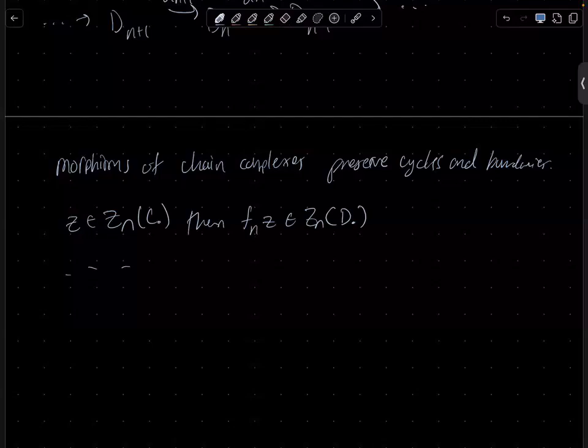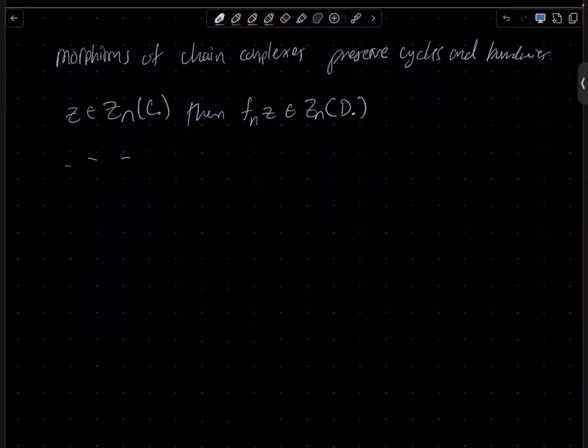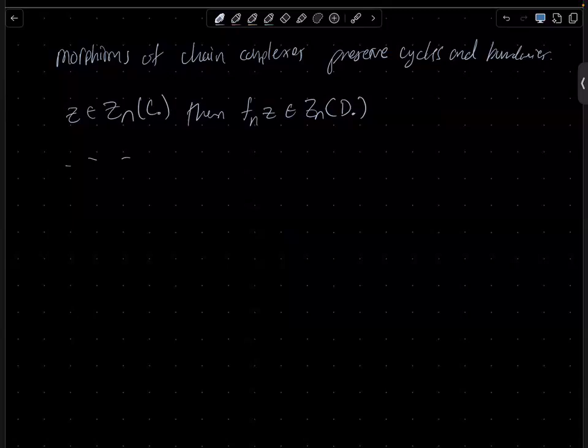Because the cycles and the boundaries are preserved, a morphism of chain complexes actually induces a morphism on homology. We get this induced map on homology modules.